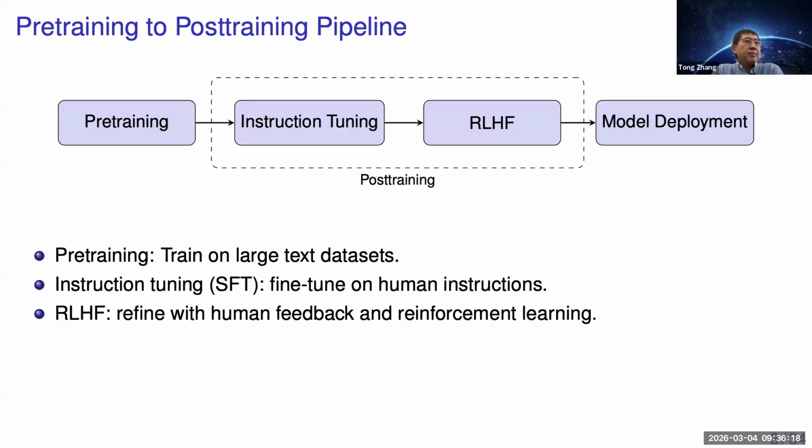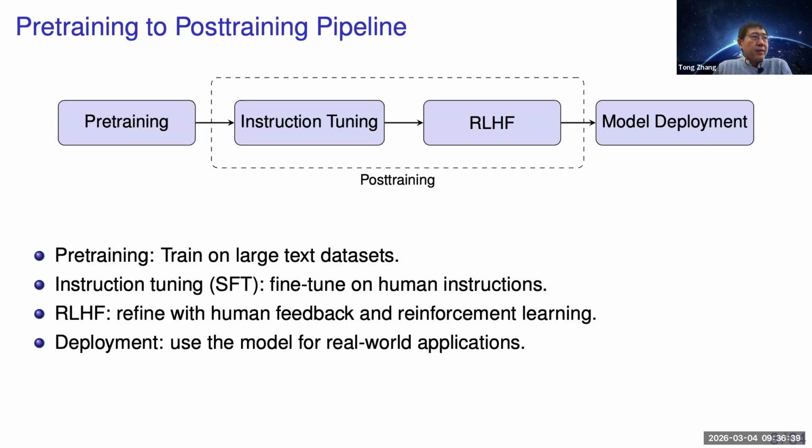The next stage is again more about refinement, and you want to encourage a certain behavior such that your response will be more aligned with humans' values or expectations, and so on. Then you just deploy that, for example, ChatGPT and so on. So this is basically the pipeline people generally use.